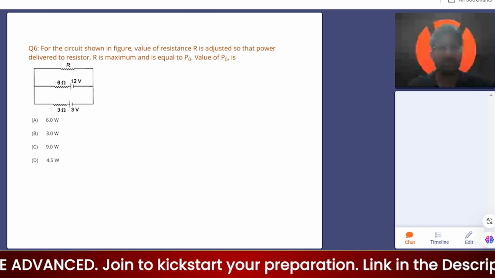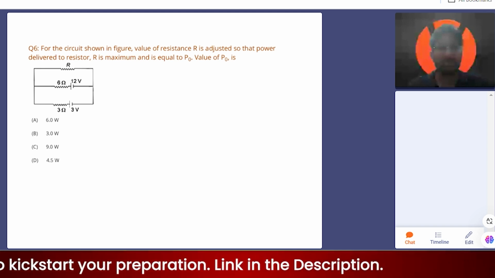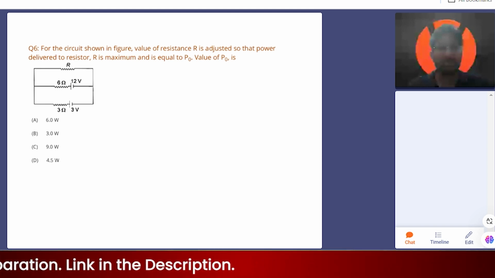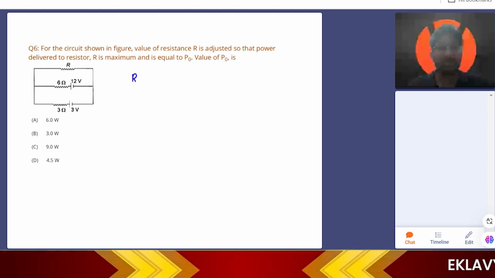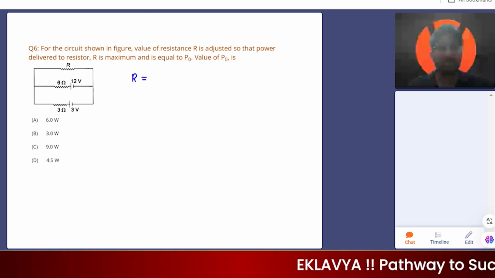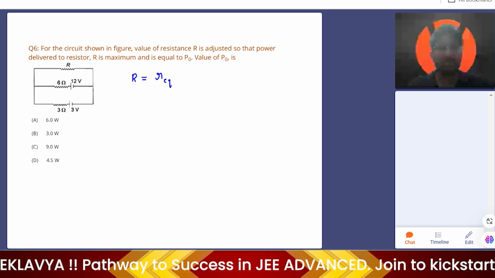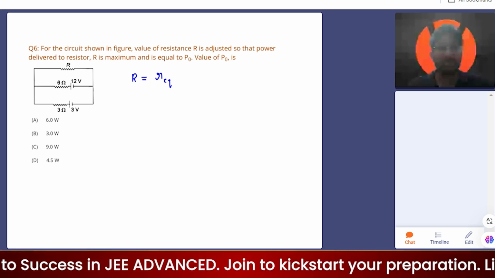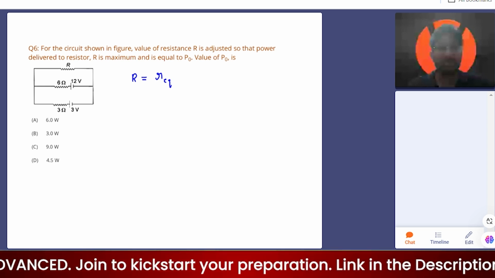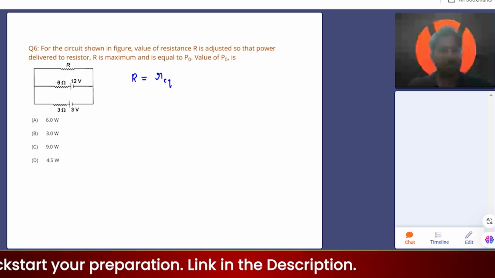They have mentioned that the power through this particular R is maximum. Now using the maximum power transfer theorem, we can clearly understand the condition: the net external resistance must be equal to the net internal resistance. If maximum power has to pass through a given resistance R, then its value must be equal to the net internal resistance.